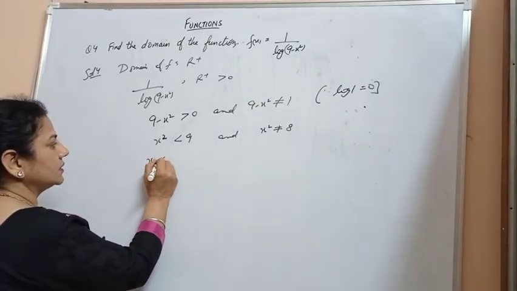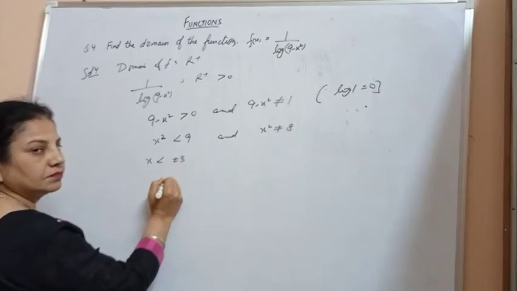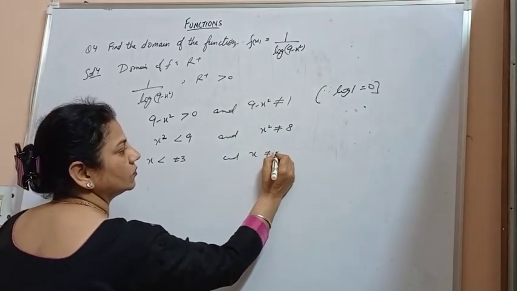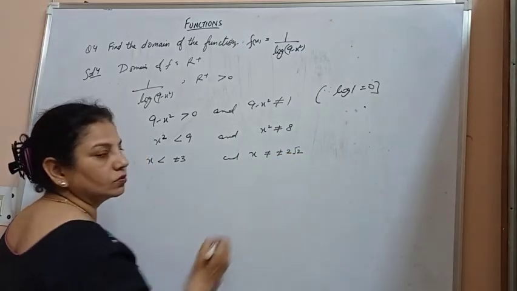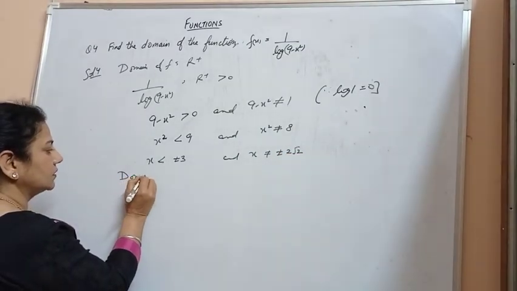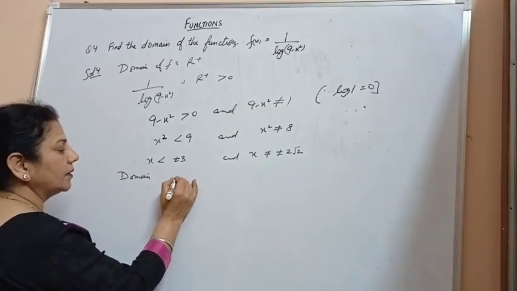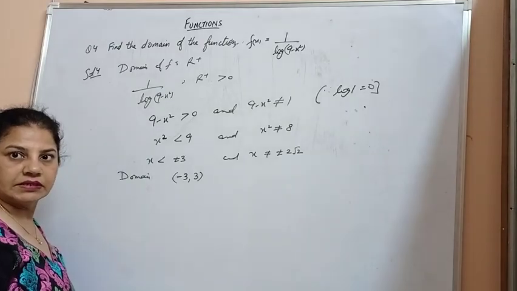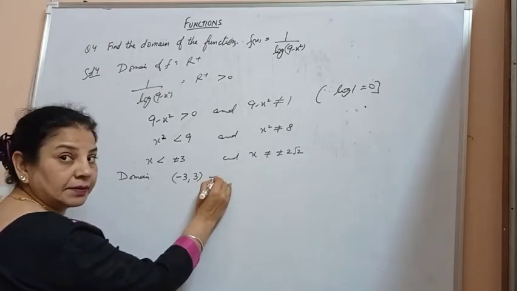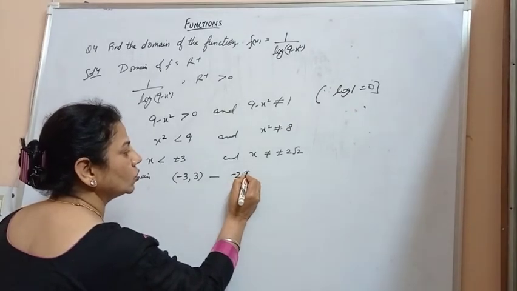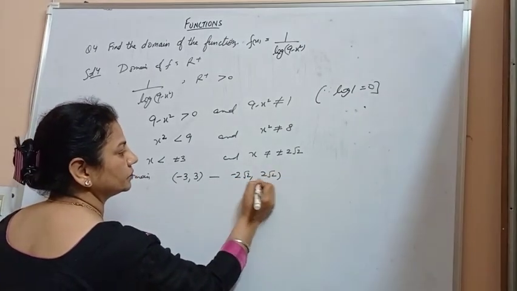Here x is between minus 3 and 3, and x is not equal to plus minus 2 root 2. So the domain of this function is minus 3 to 3 except minus 2 root 2 and 2 root 2.